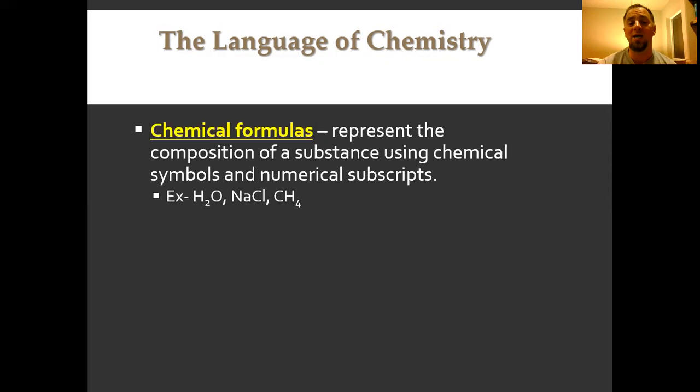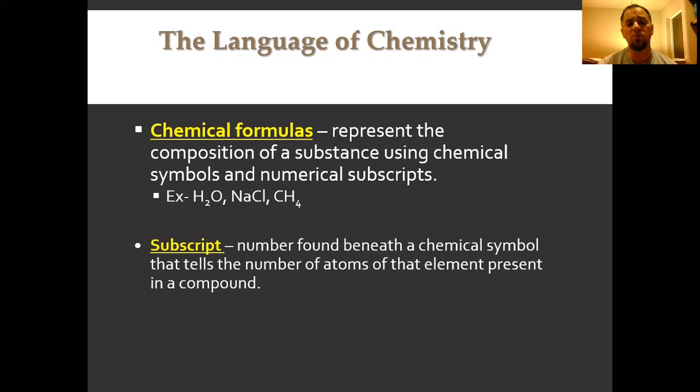Then NaCl, sodium chloride, and CH4, methane. That subscript, the number found beneath the chemical symbol, tells us the number of atoms. So CH4, methane, tells us there's 1 carbon. If there's only 1, we don't need a subscript, but there are also 4 hydrogen atoms in that compound.